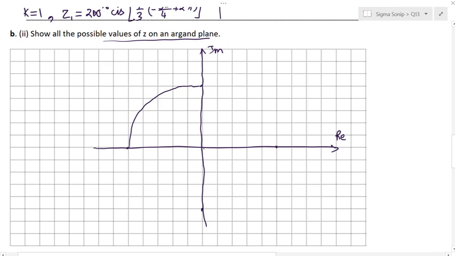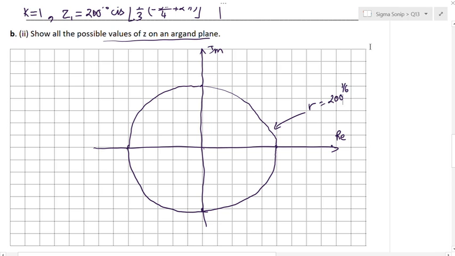Okay, there you go. So first root, your z0, and the radius of this circle is r equals 200 to the power 1 over 6.